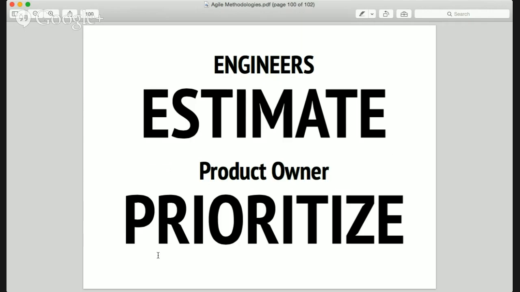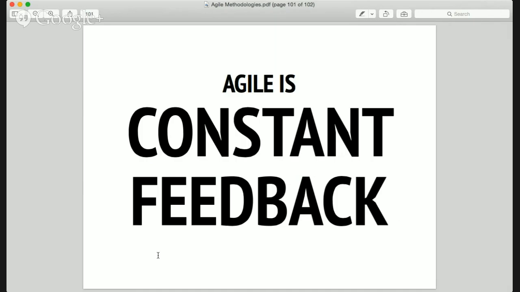They fit on a 3x5 card, for example. And you estimate it. You tell us how long it's going to take in relative terms, in story points. And because the product owner is always working with the customers, planning, design, and building are all interleaved. You get constant feedback, and hopefully you won't have such a big misfit in the product that you deliver.